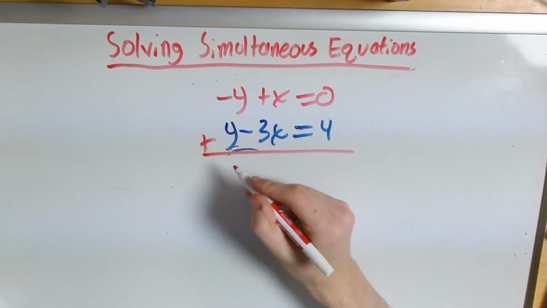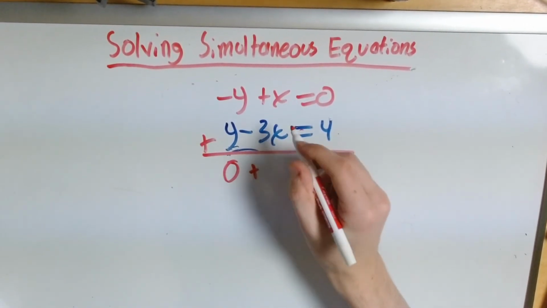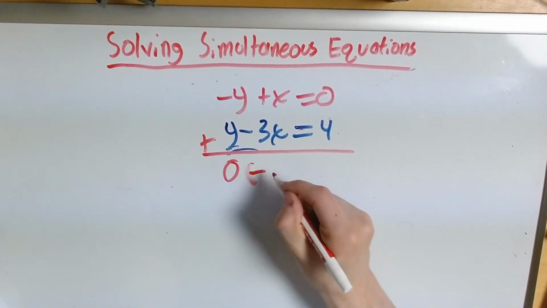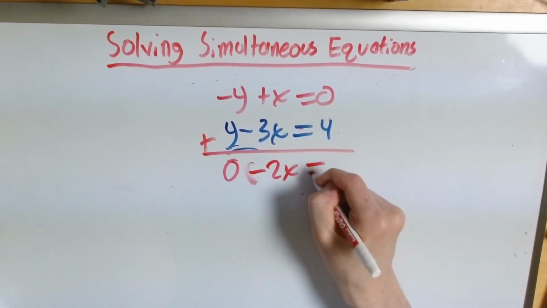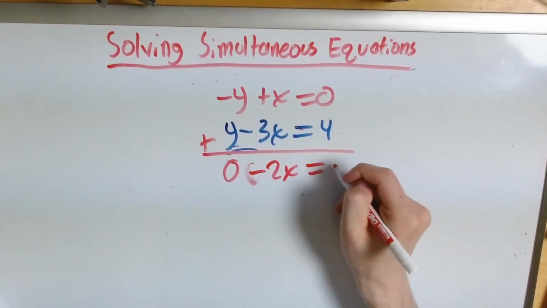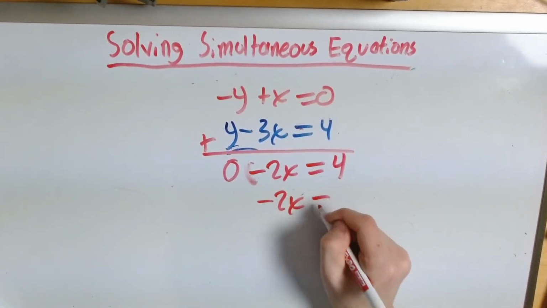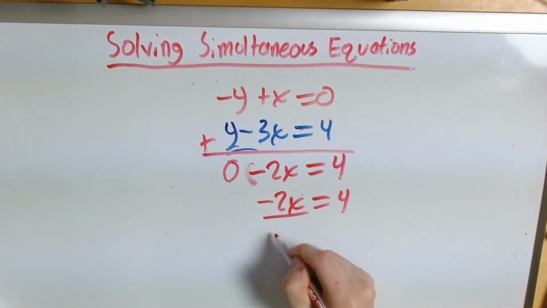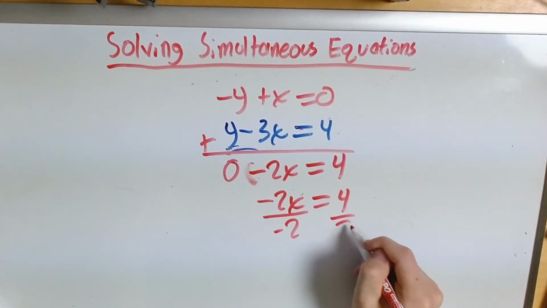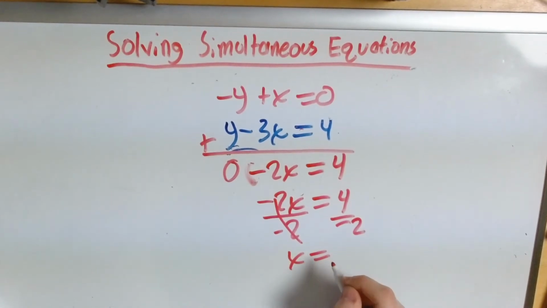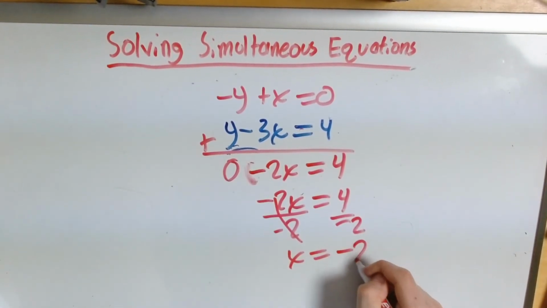Negative y plus y, that's 0, plus x minus 3x, that's actually negative 2x. 0 plus 4, that's 4. So I'm left with negative 2x equals 4. I'm going to divide by negative 2. So I'm left with x equals negative 2.